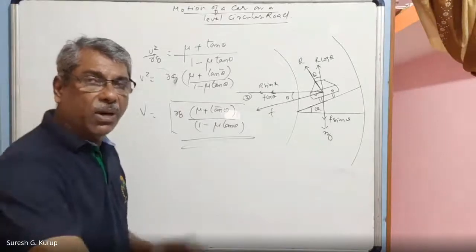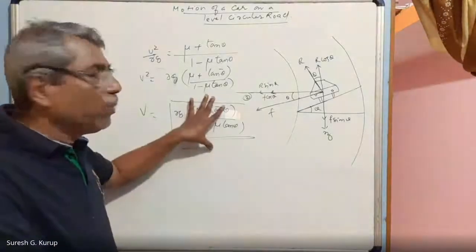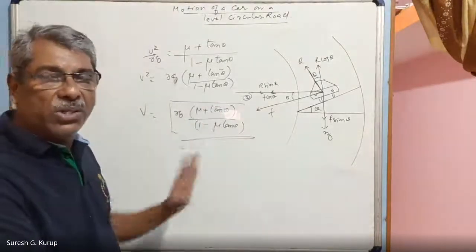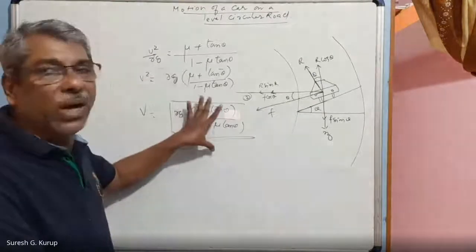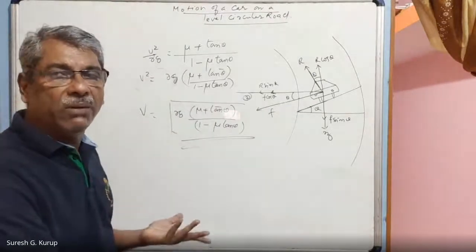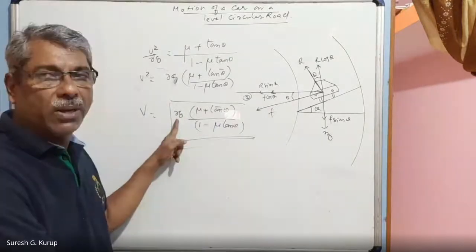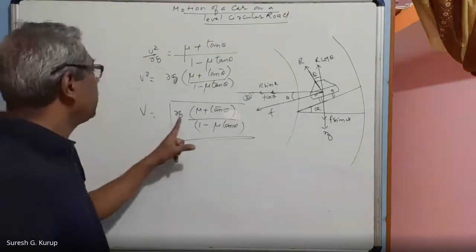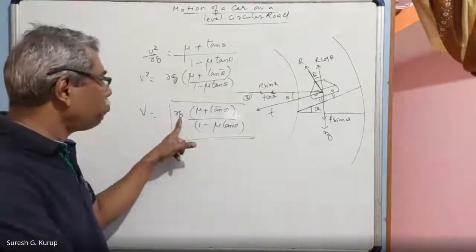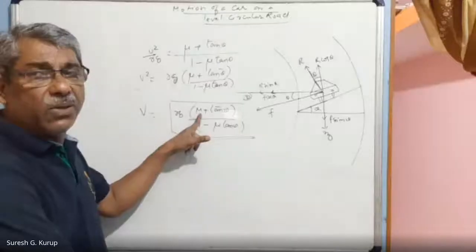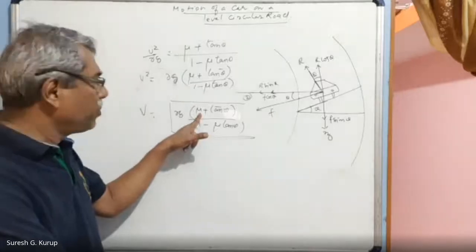So we have to always think that the velocity of the body should not exceed this value. R is the radius of the circular path, g is the acceleration due to gravity, and mu is the coefficient of friction.